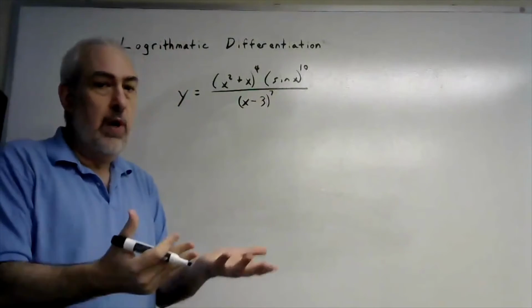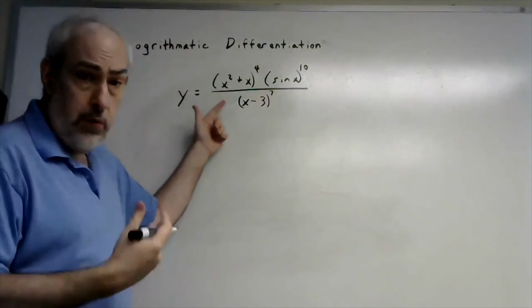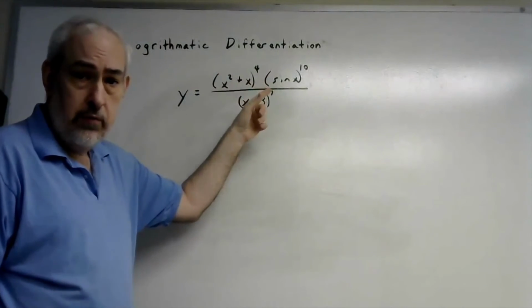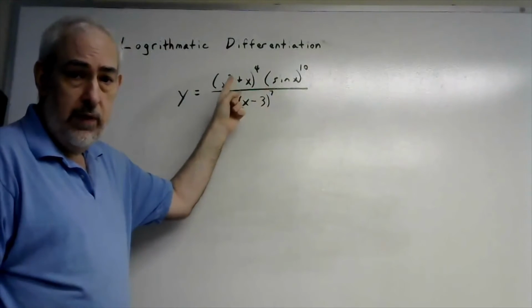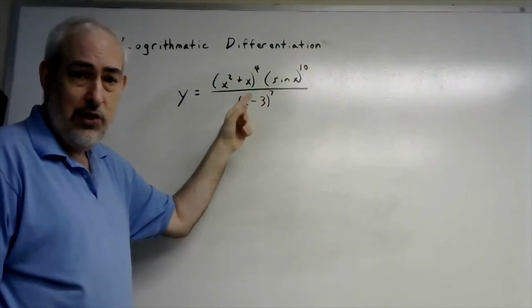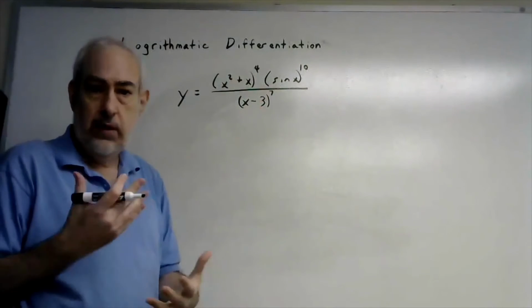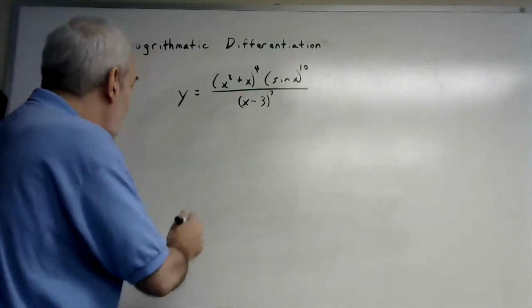And if I just jumped right in, I would have to start off with a quotient rule. In the middle of that, when I go to take the derivative of the top, that's going to be a product rule. And then when I take the derivative of each of these three parts, that'll be little chain rules. So it would get messy, and it's possible you might get confused and lose track of what's going on.